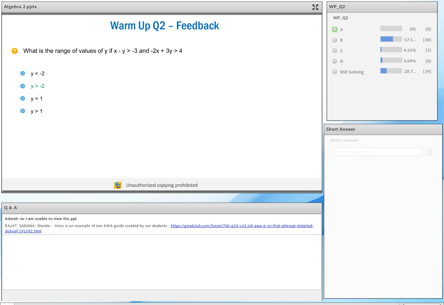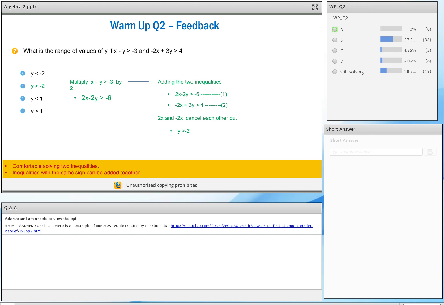Again, in this question, instead of a single inequality in a single variable, we have two inequalities in two variables. So what we have to do is process them together. For that we need to bring one inequality into a form such that we can cancel out one of the variables. We do that, and what we get is y is greater than minus 2.